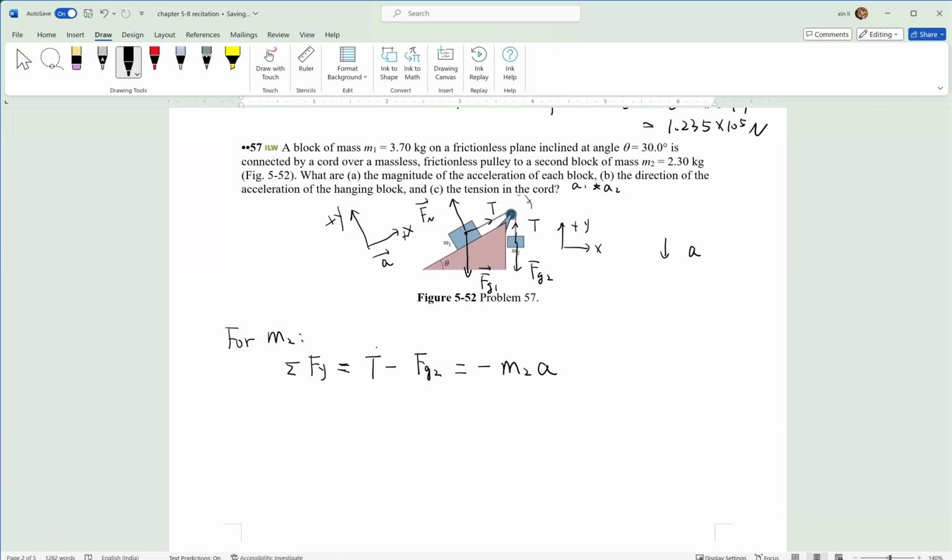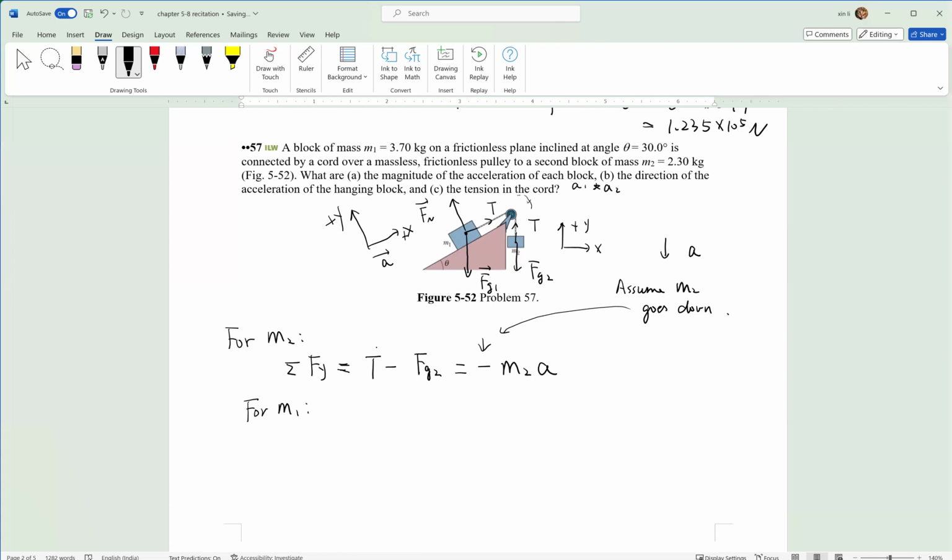So we assume M2 goes down, and this negative sign means goes down. If you get a negative value, that means our assumption is not right.